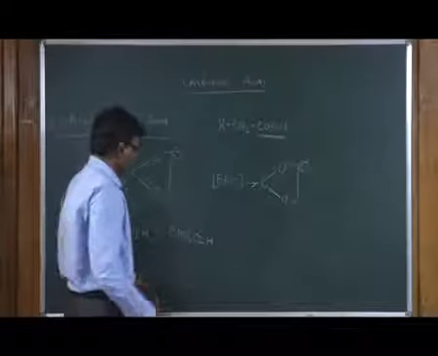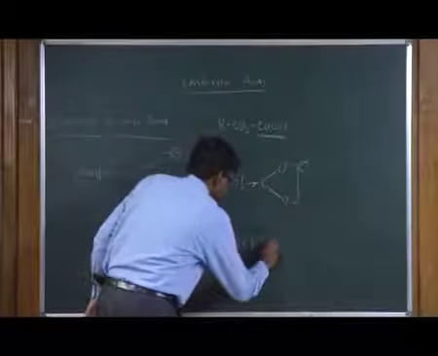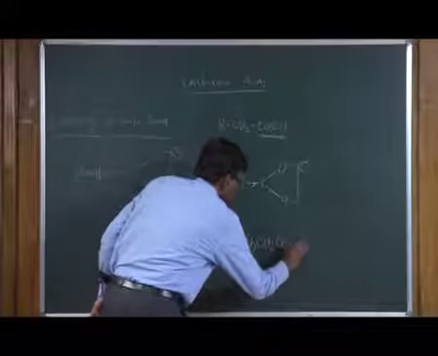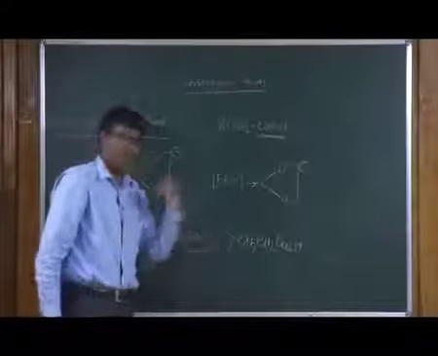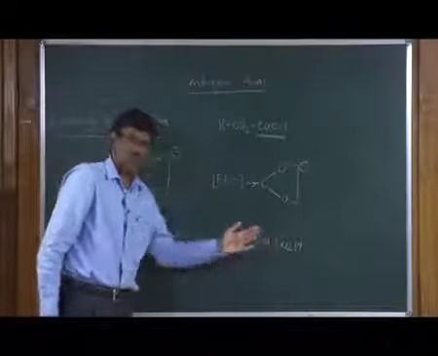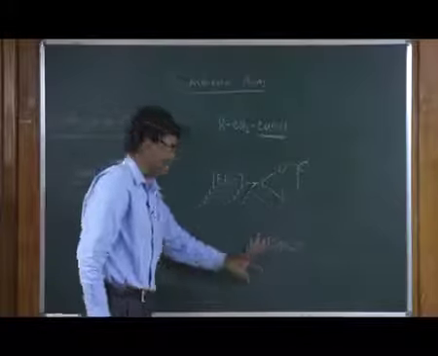And when you go further, this will be again less acidic, because the ethyl group can give more electrons towards the carboxylic functional group, making it less acidic in nature.